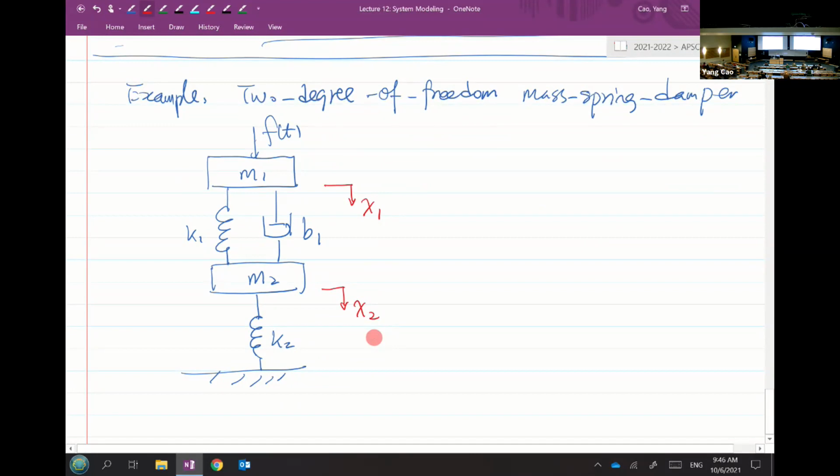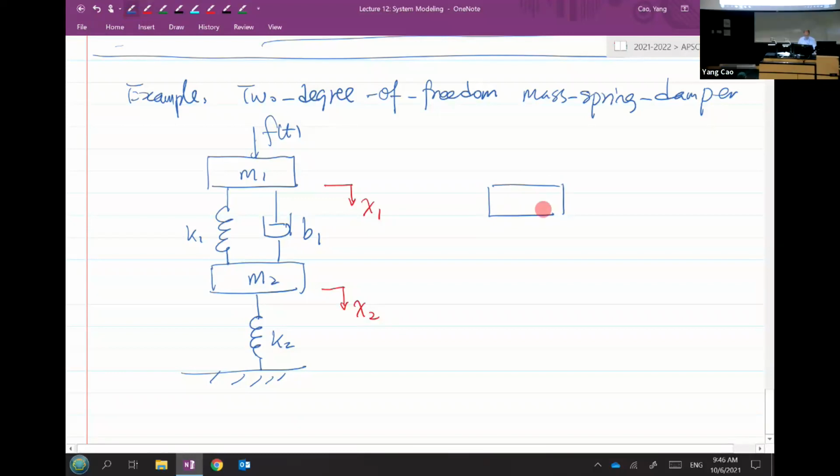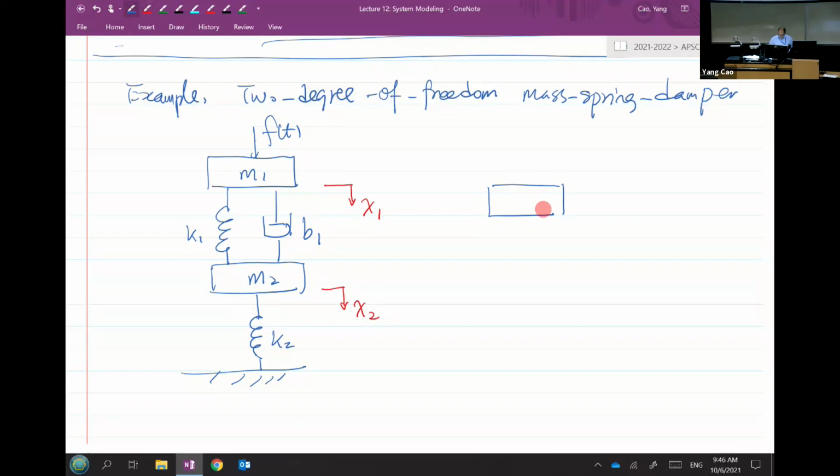So we follow exactly the same procedure. Draw a free body diagram first. Let's draw a free body diagram for M1, and we also draw a free body diagram for M2.